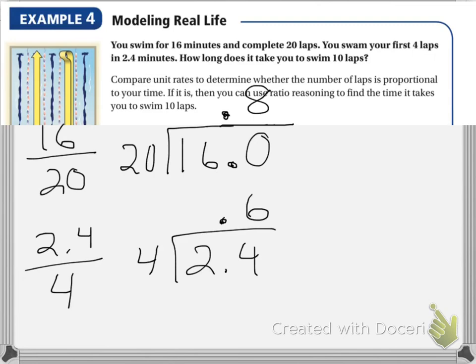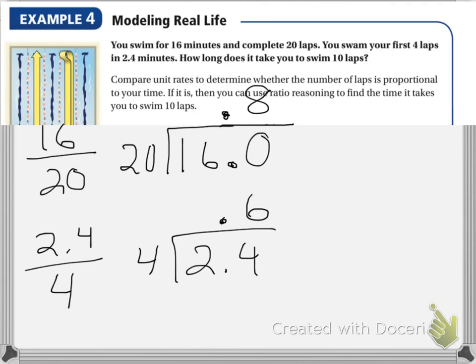They are not proportional. So how long does it take you to swim 10 laps? Well, in this case, it depends. If we use that first ratio for the entire 20 laps, your rate is 0.8 minutes per lap.